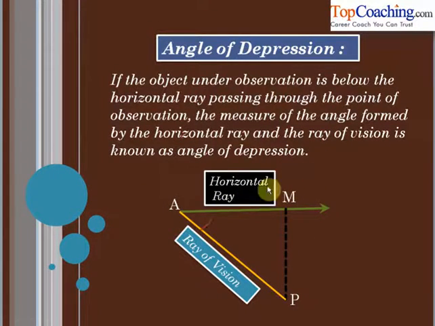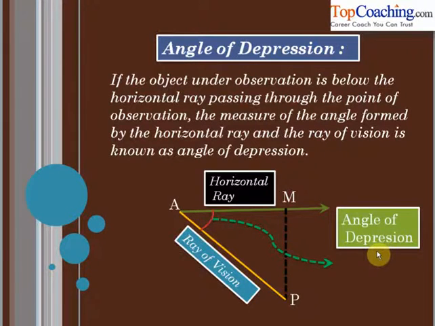Now this is the angle between the horizontal ray and the ray of vision, and this very angle is known as angle of depression. So what we can say is angle of depression is the angle between the ray of vision and the horizontal ray when the point P is below the horizontal ray passing through the point of observation. So this point P is below the horizontal ray and therefore the angle of depression is the angle between the ray of vision and the horizontal ray.